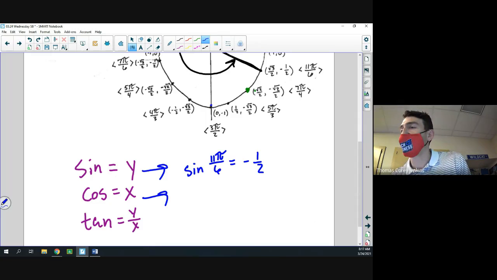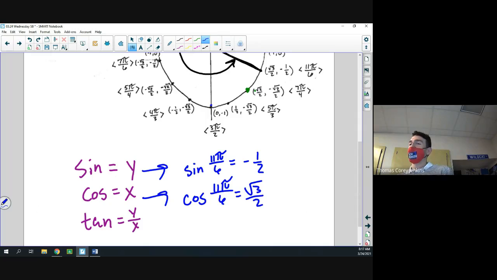Our cosine, the x coordinate, should be square root of 3 over 2. And then tangent might be a little bit tricky, but here's how we do that.